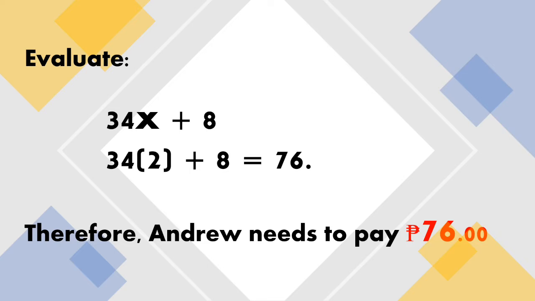Now, let us evaluate. 34x plus 8 is 34 multiplied by 2 plus 8 equals 76. Therefore, Andrew needs to pay 76 pesos.